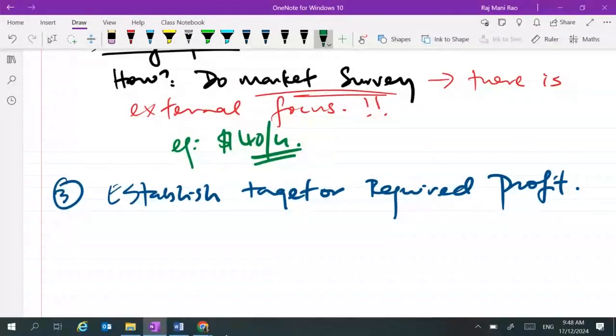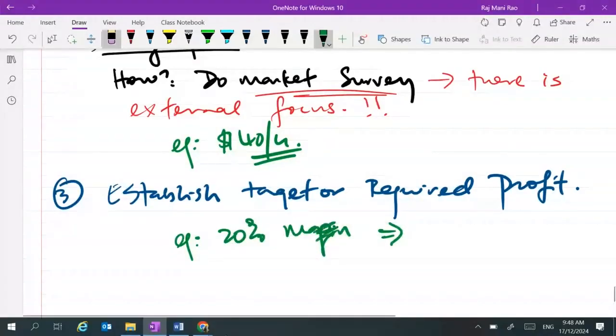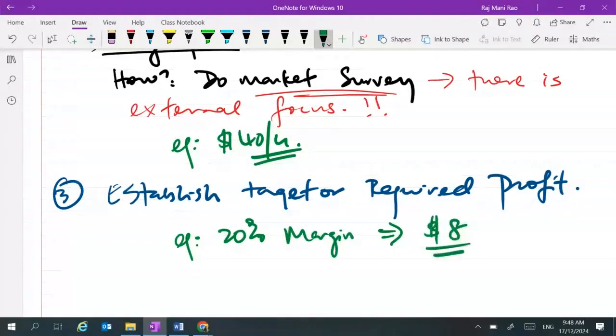Example, you want to make a 20% margin. So 20% margin means how much profit is that? $8. So you want to make a profit of $8. Agreed?